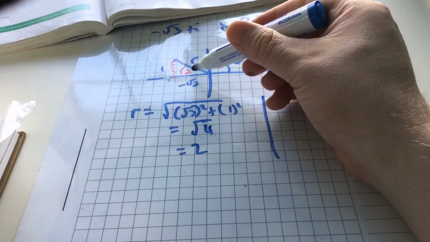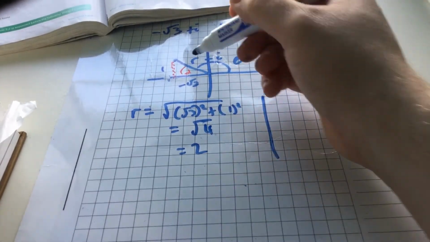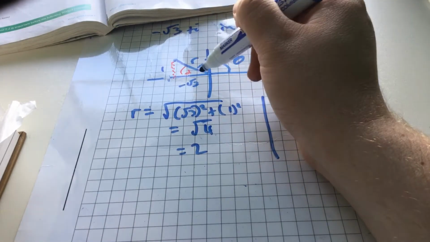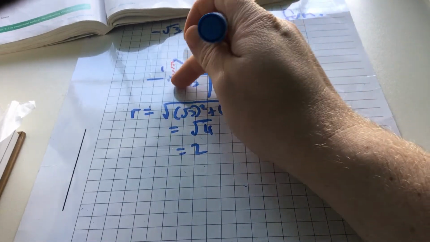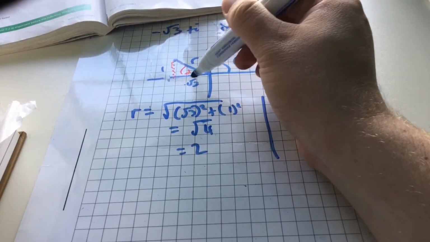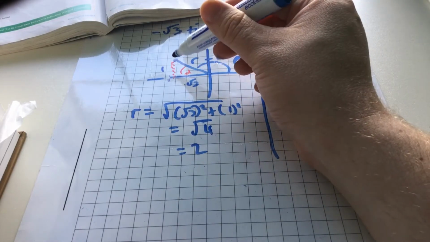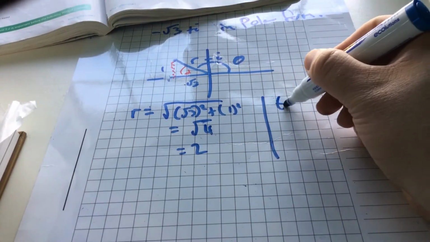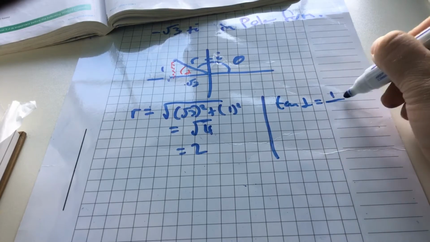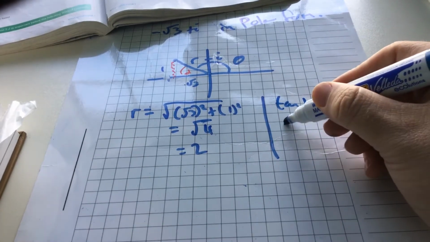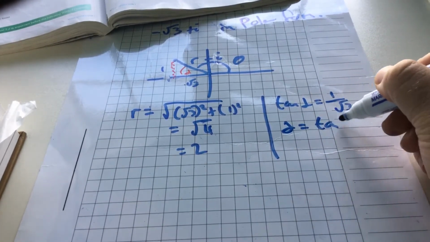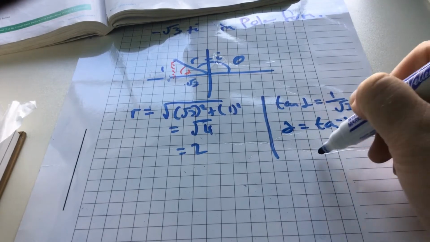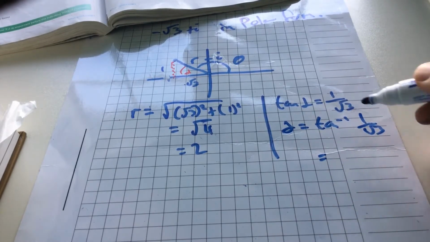I'm going to find the reference angle alpha first. I'm going to use tan because I have opposite over adjacent. It is minus root 3, but the distance is root 3. So tan alpha is 1 over root 3. So alpha is tan inverse of 1 over root 3, which is pi over 6.